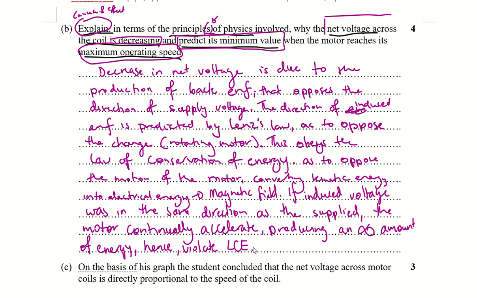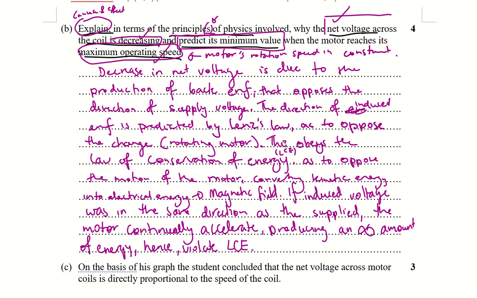Obviously, if you're going to write it as the shorter case here, make sure you do mention that's how you're going to mention it later on. So that manages to answer this component here, this component here, and maximum operating speed here. Okay. We can also say at maximum operating speed, the motor's rotation speed is constant.